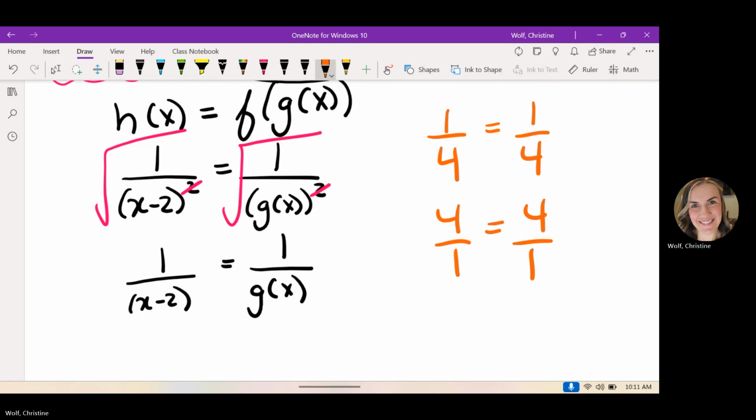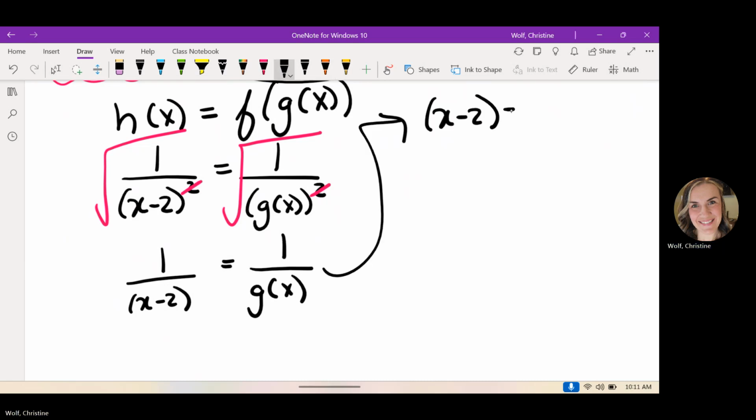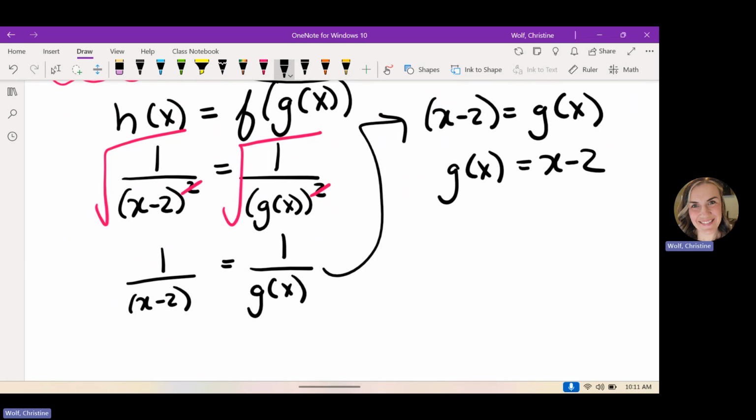So you're allowed to do that here. You can flip both fractions, and then we would just have 1's on the bottom. We technically wouldn't have fractions anymore, right? I'm done. I was looking for g of x, right? G of x is isolated. G of x was equal to x minus 2.